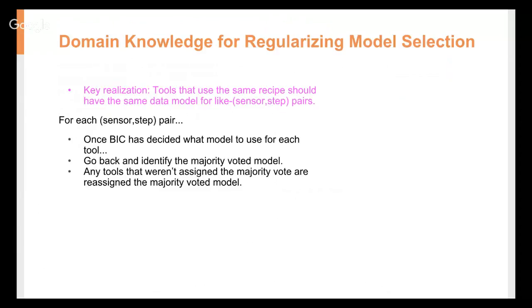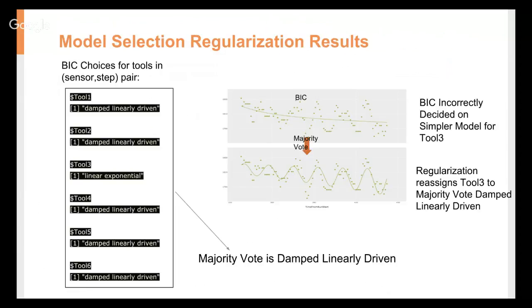Presumably that shouldn't be different. So you can impose that by, after having the BIC decide the model choice for each tool, you then take the majority vote and assign that to all the tools, to impose that physically plausible constraint, right?